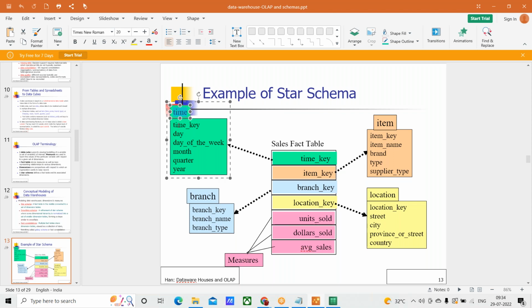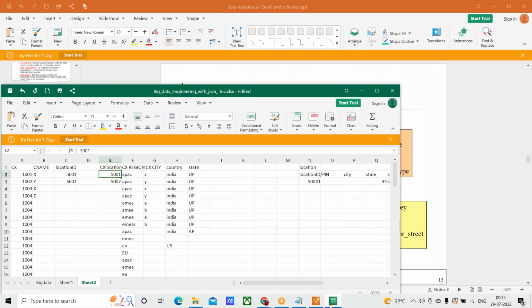But they will be further divided in the case of Snowflake schema. Customer is another dimension: customer ID, customer name, customer email address, phone number. If you want to club them, you can, but as I said, it will be 100 million records.